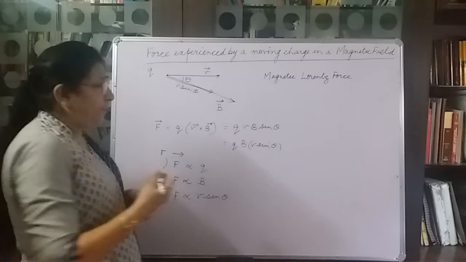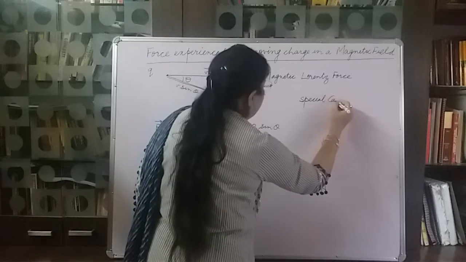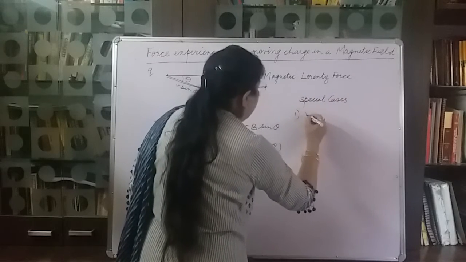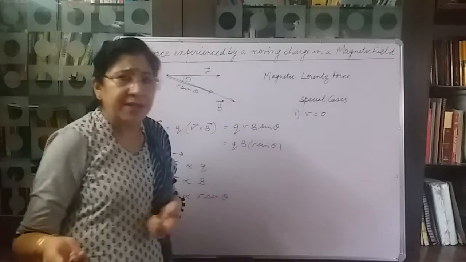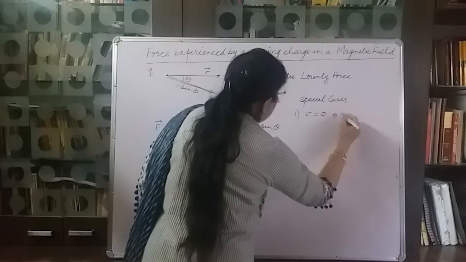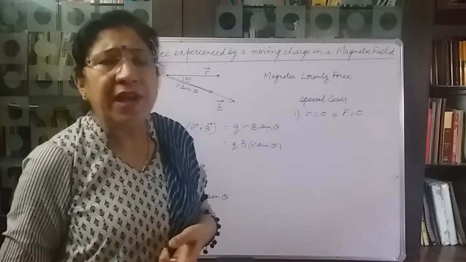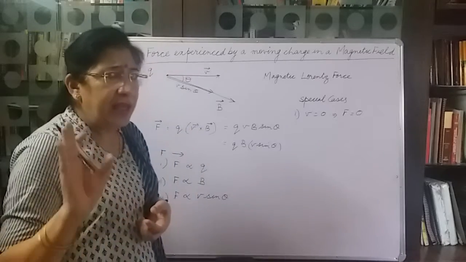Now, if the charged particle is at rest, it is not moving, in that case, force will be 0. So a stationary particle in a magnetic field does not experience any force.